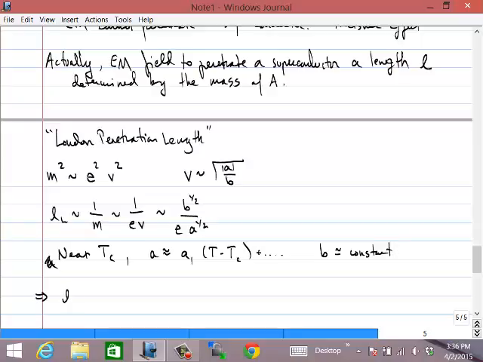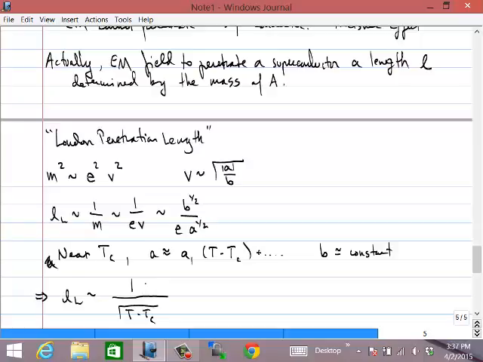So that means that this penetration depth will go like some constant. Let's just forget about the constant, but its scaling with temperature will be like 1 over the square root of T minus T critical. So what is this telling you?